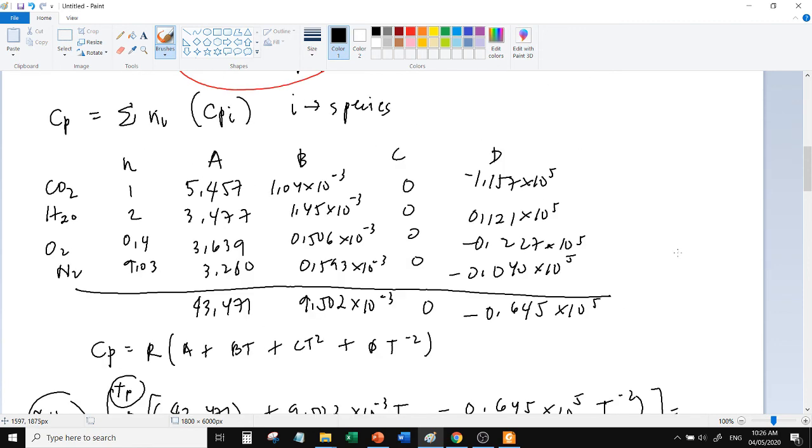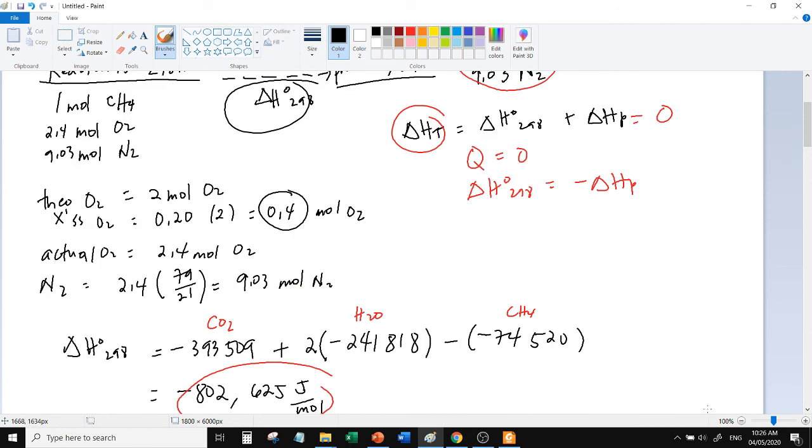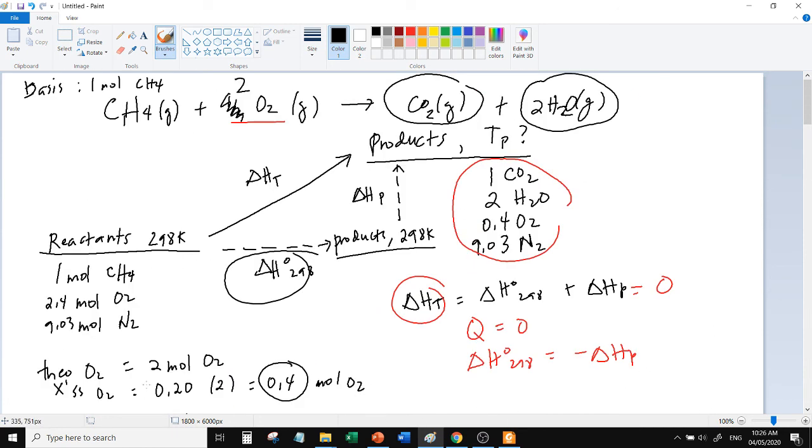So, 802,000 625. Nakuha? Ulit. So, normally, if hindi adiabatic flame temp, ito yung way ng pagsasolve natin. Delta HT equal siya dun sa dalawang path.